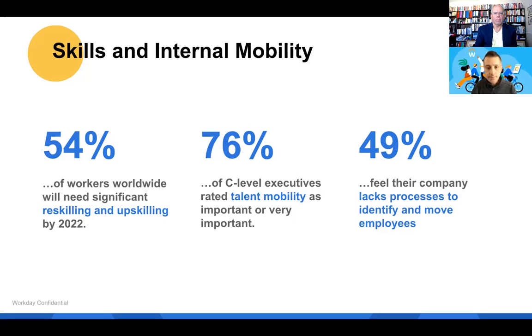These are just some high-level figures and metrics. This is definitely one of the top two, I would say, hot button areas for C-level executives out there today. You can see that 76% of those folks have rated talent mobility as important or very important.